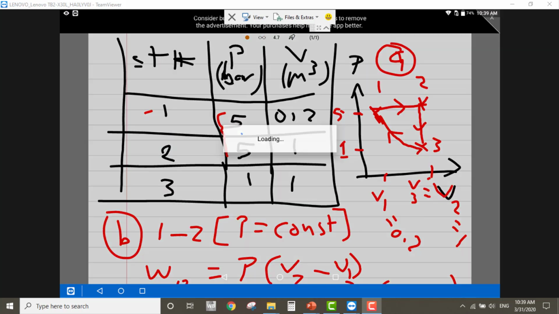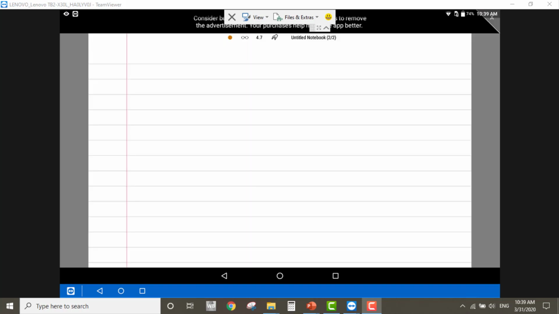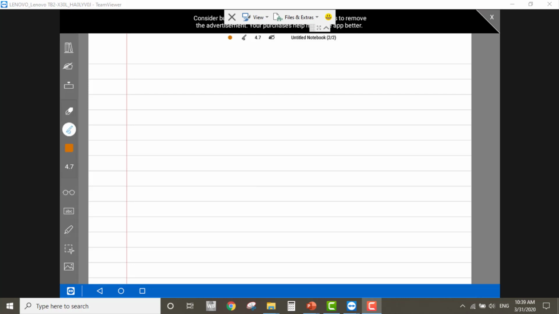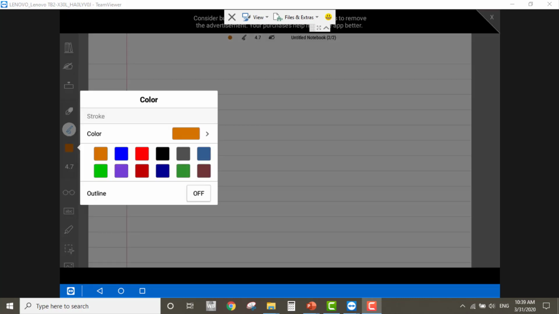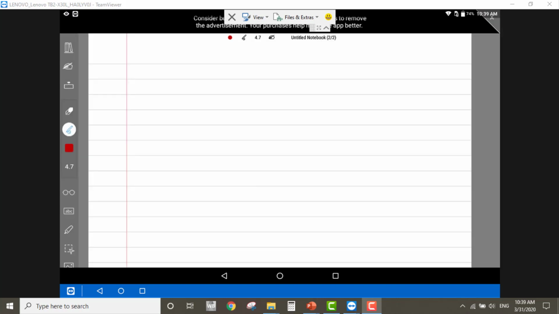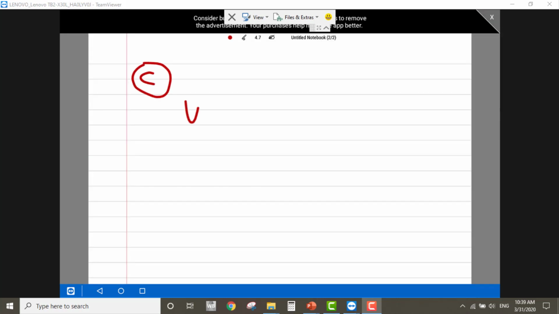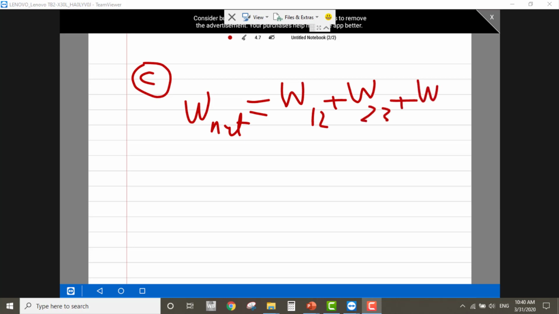Now part C, we need to find W net. W net equal to work 1 2 plus work for process 2 to 3 and plus work 3 to 1, summation of the work for the whole cycle.